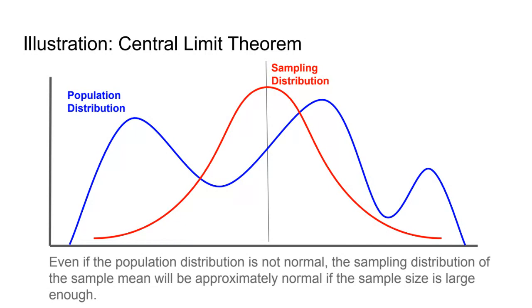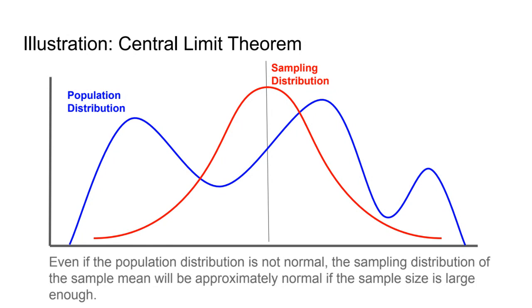Before we look at some applications of how we can make use of these facts, I would like to remind you of what it is that we are looking at here. The blue line, the population distribution, tells you what the probability is to select an individual person from a population with a particular property. So assume we are talking about, I don't know, age again.